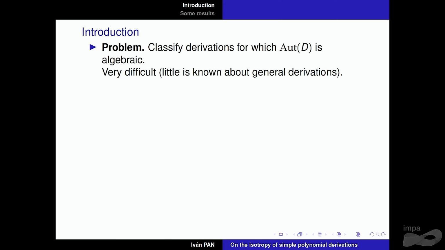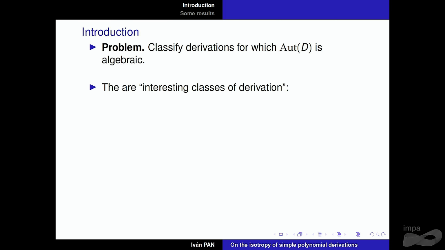The isotropy is an algebraic group. But there are interesting classes of derivations related to different problems in mathematics, and for example, the simple ones.